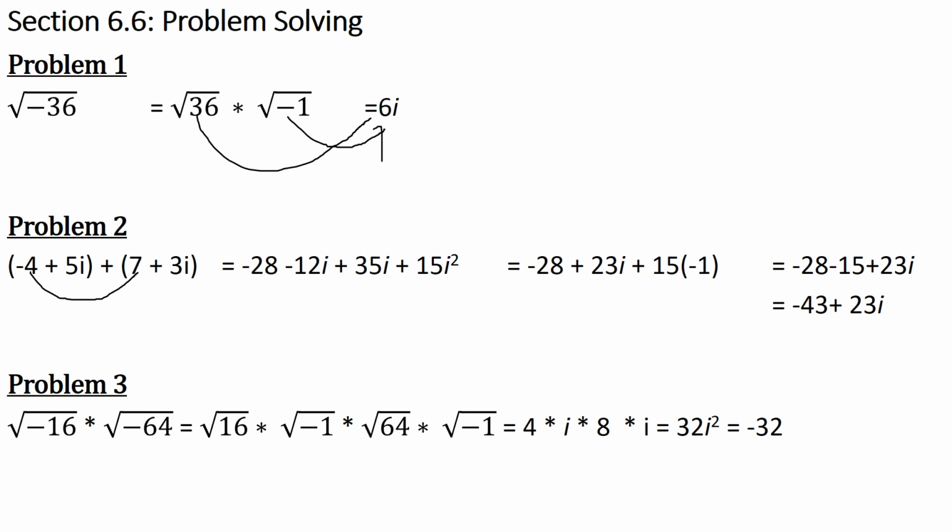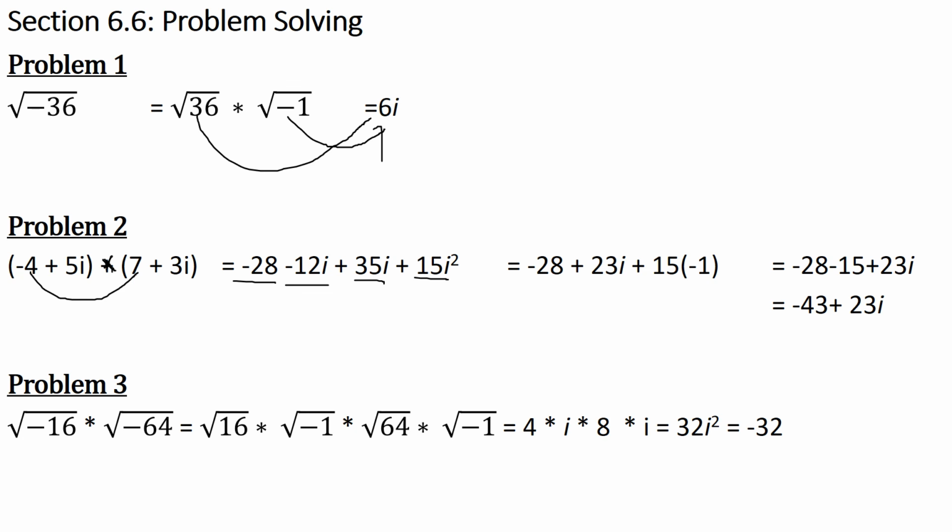I multiplied this here, and I meant to do this. Let's look at that. We're going to go all the way through with this. That should be multiplying. Negative 4 times 7 is negative 28. Negative 4 times 3i is negative 12i. 5 times 7i is 35i. And then on the last, negative 5i times 3i is 15i squared.